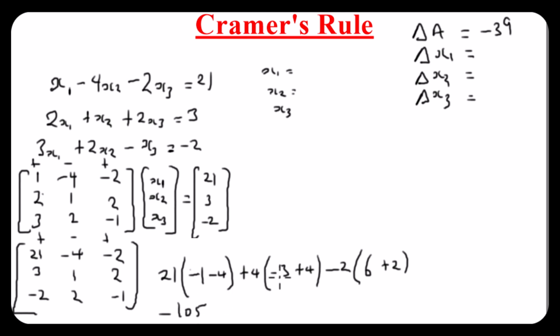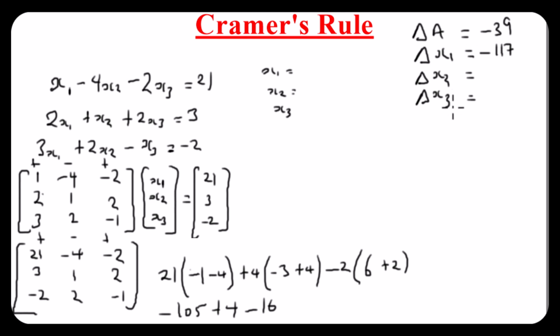Now minus 3 plus 4, that's plus 1, times 4 rather, so that's plus 4. 6 plus 2, 8. 8 times negative 2, that's negative 16. All right, so by the time we simplify these together, we'll be having minus 117.